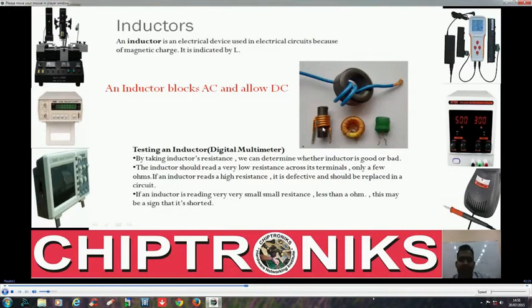So across the continuity range it will give a very less resistance. That means these all wires are connected. So checking an inductor is pretty easy. We can use the continuity range, and it will give you a very low value and also a beep sound. All right, so this is the way to check an inductor.